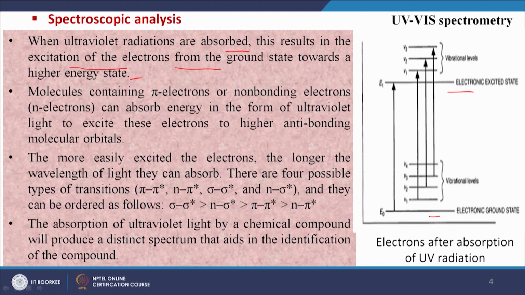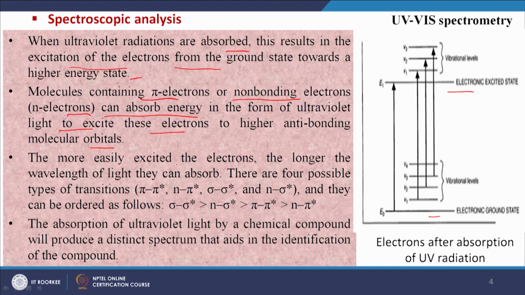So, electrons may transfer from base to excited state, and different types of electrons can be available, like pi electrons, sigma electrons, or non-bonding electrons, n electrons. They can absorb energy in the form of ultraviolet light to excite these electrons to higher anti-bonding molecular orbitals.